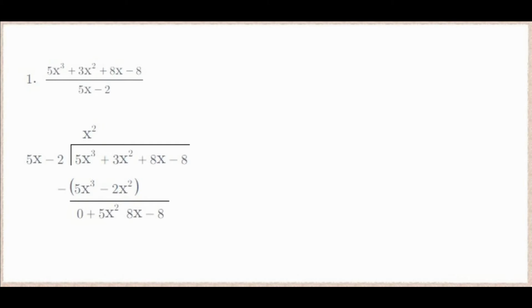plus 8x minus 8. Then again, we're going to look at what do we need to multiply 5x by to get 5x squared. We'll need to multiply it by x. So we'll get 5x squared minus 2x.